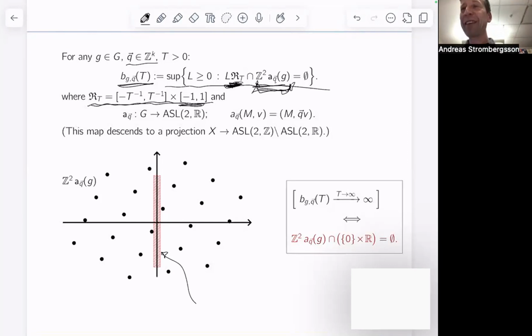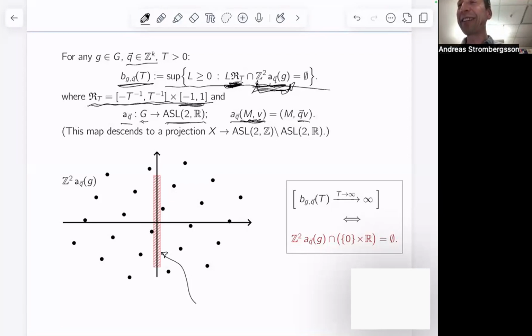Well, this grid is determined by some projection of G. So I have to tell you what this projection map A sub Q of G is. Well, A sub Q is a projection from G going to ASL2(R). Remember, ASL2(R) is just SL2(R) semidirect product R^2. And what the map does is it takes an arbitrary element in G, and here V is a k by 2 matrix.